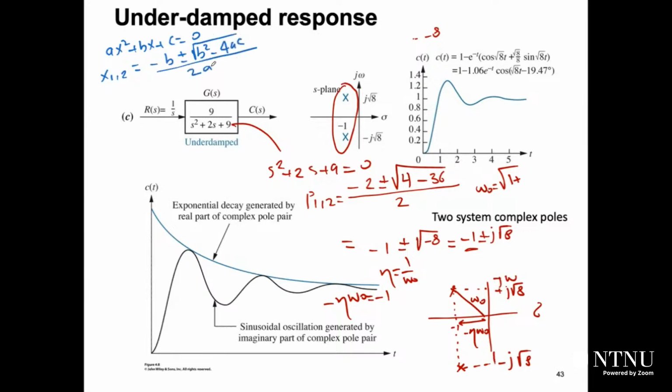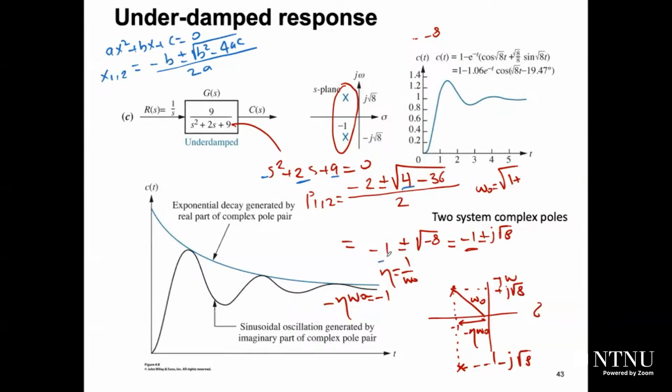Now we can apply this to the characteristic polynomial. Minus b equals minus 2, plus minus square root of b squared, which is 4, minus 4ac, 4 times 9, which is 36, divided by 2a, which is 2 times 1.